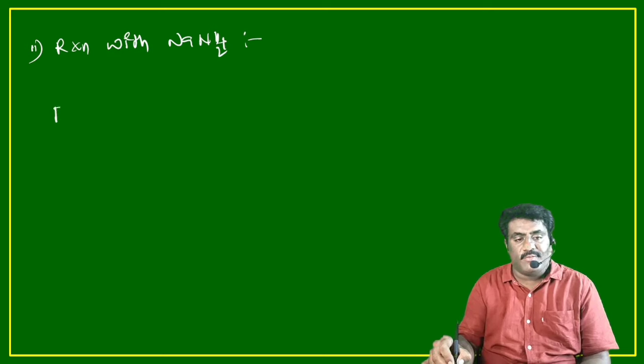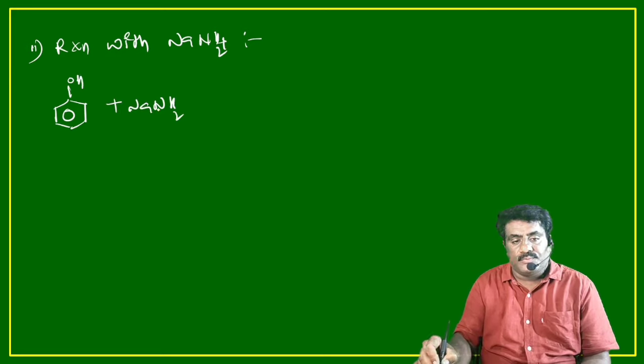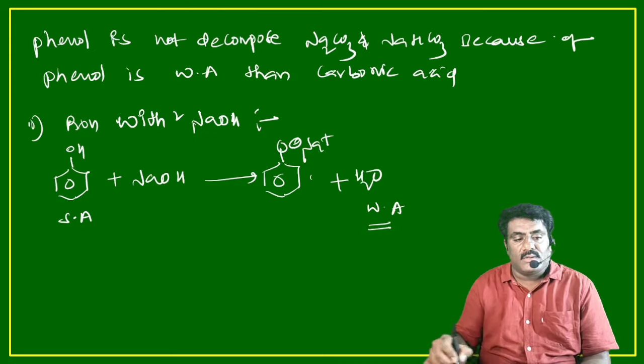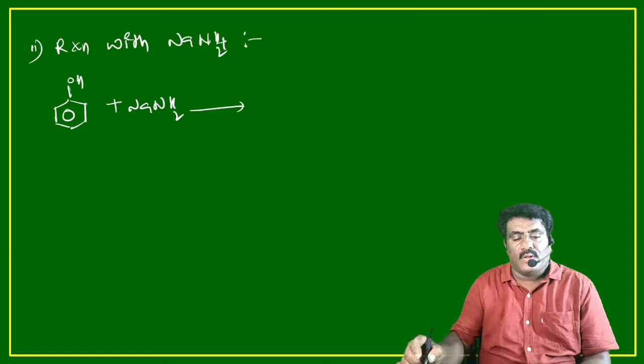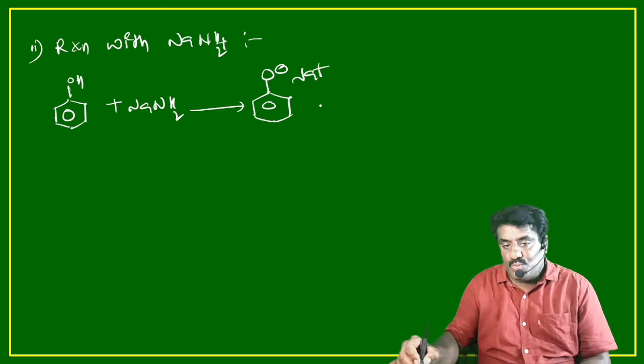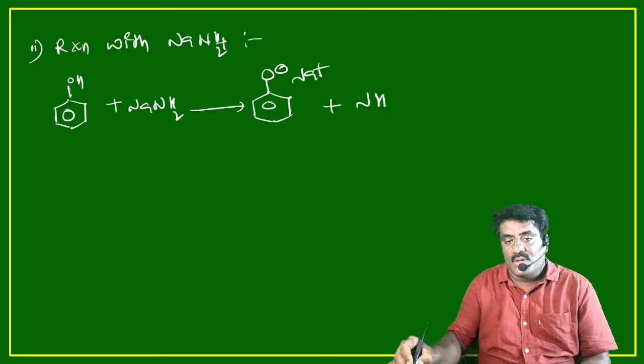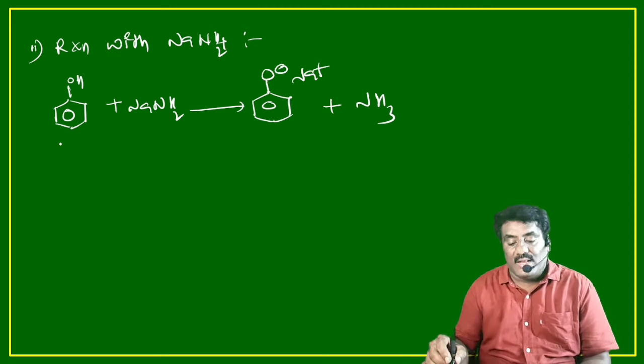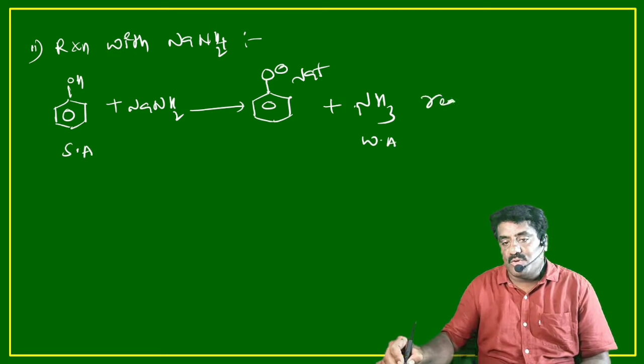See, phenol in presence of NaNH2 forms sodium phenoxide and produces ammonia. See, phenol is a strong acid, and the right hand side, ammonia, is a weak acid. The reaction is possible.